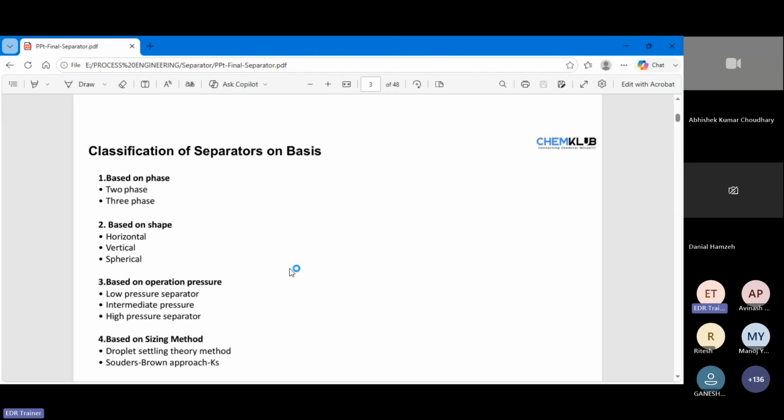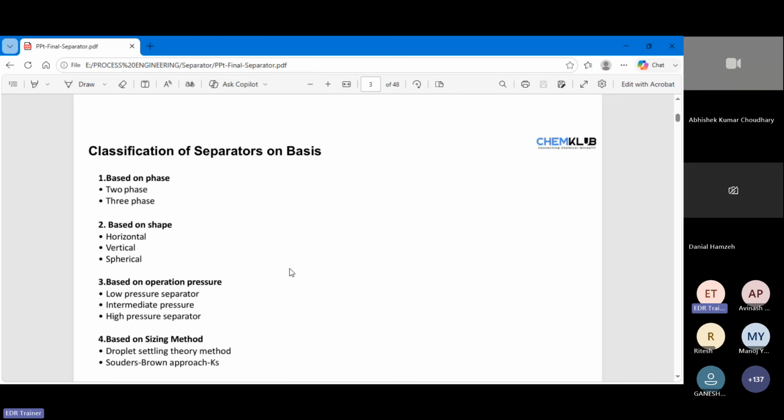Now, separators are classified based on four criteria. First is based on the phase: two-phase, three-phase, four-phase separators. In two-phase we have liquid-liquid or vapor-liquid. Three-phase is vapor, liquid, liquid, and four-phase is vapor, liquid, liquid and solid. Second is based on the shape.